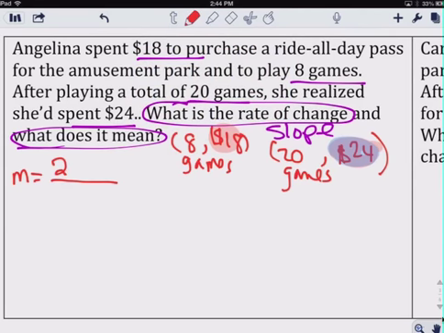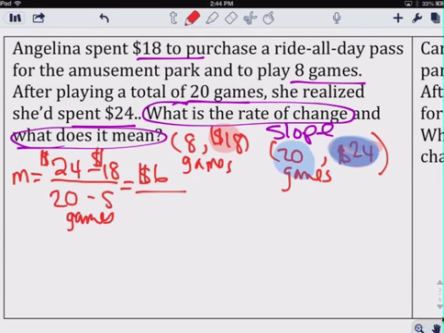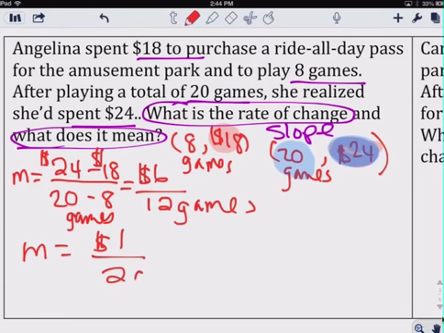It's a bigger number. $24 minus $18 gives me $6 numerator. And the denominator are your x, because I started with the 24 first, I need to start with the 20 first. So that's 20 games minus 8 games. That leads you to 12 games. So my slope is $1 for every 2 games. Okay, your slope is 1/2.